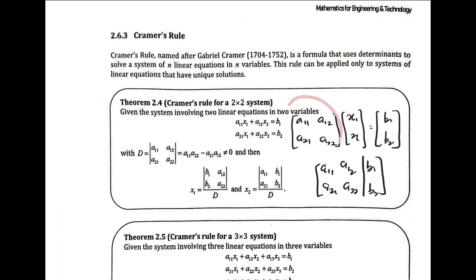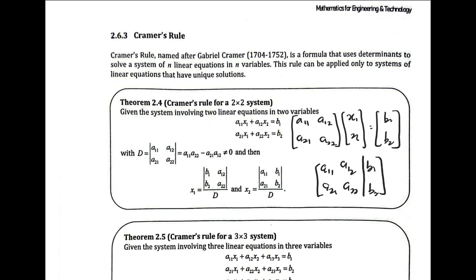So we take the whole thing for this 2 by 2 case, find its determinant and make sure that it is not equal to 0, because if it is equal to 0, it cannot be calculated. Right, when the denominator is 0, it cannot be calculated.